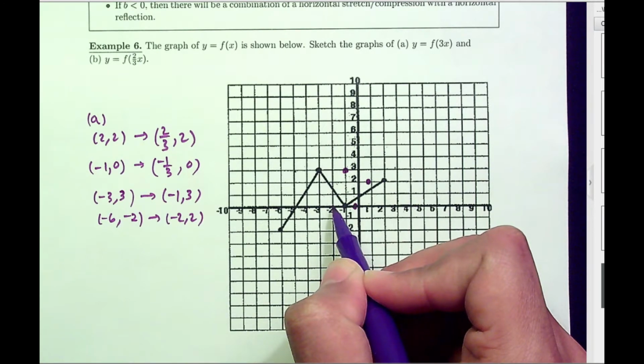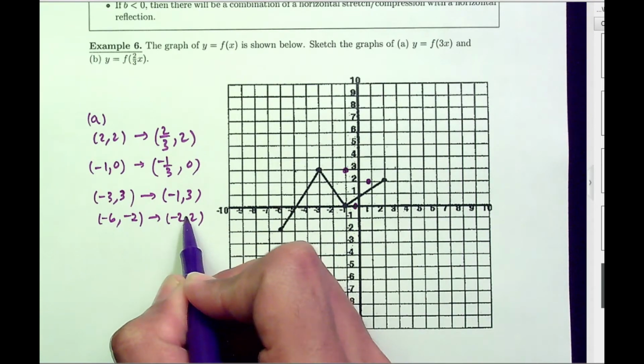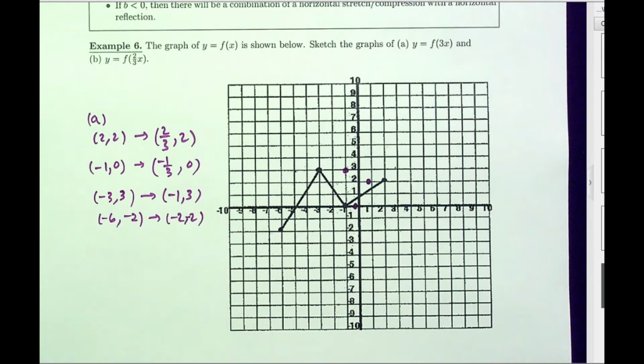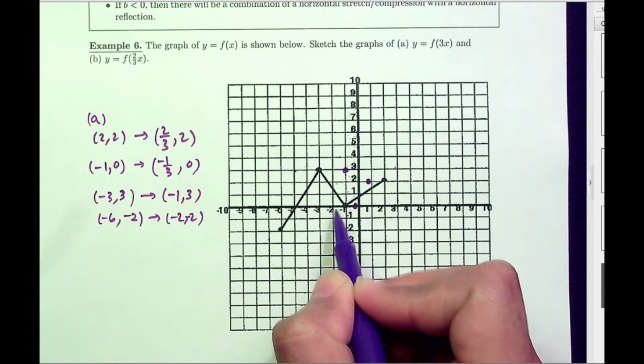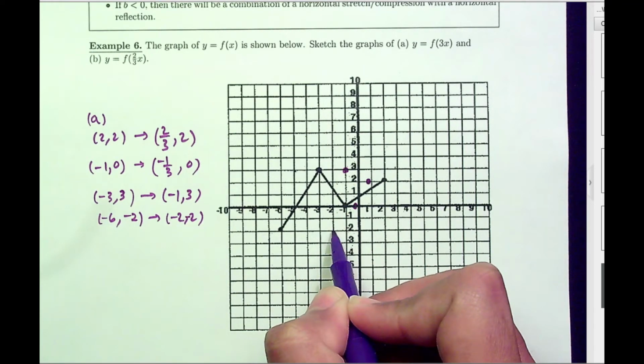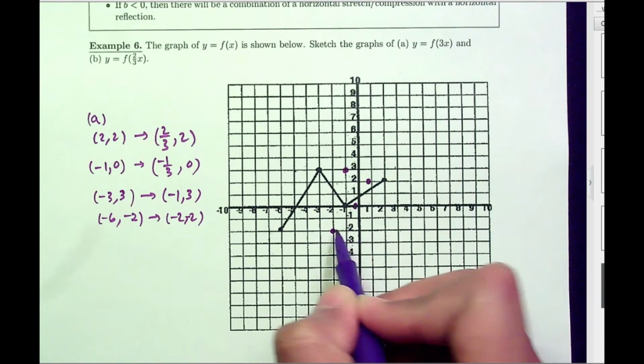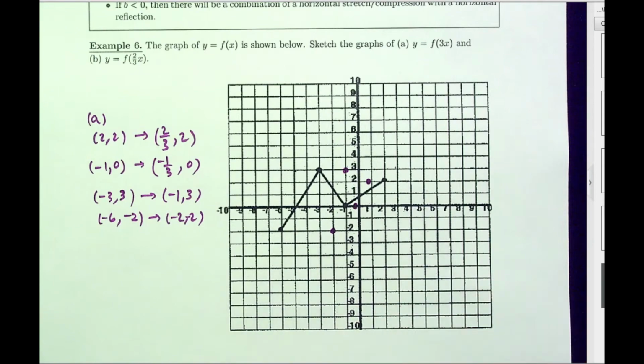Oh, sorry. I was like, there's something weird. -2, -2. Okay, -2, -2. -2, -2 is right here.